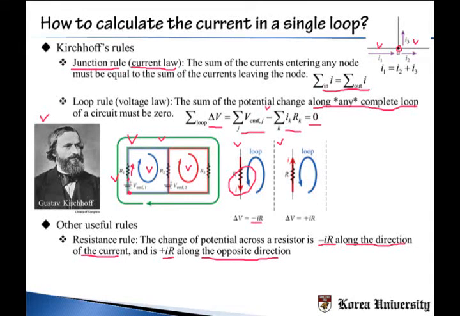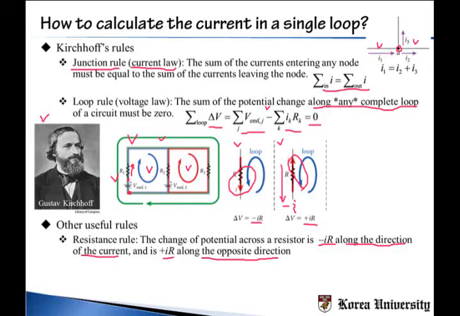Then these two arrows are pointing in different directions, right? In that case, when you go around the loop, the potential change has to be plus IR. Why? Because the current going up by the amount of plus I is equivalent to saying that current is going down by the amount of minus I. So you have to do minus of minus I multiplied by R, and therefore you will get plus IR.